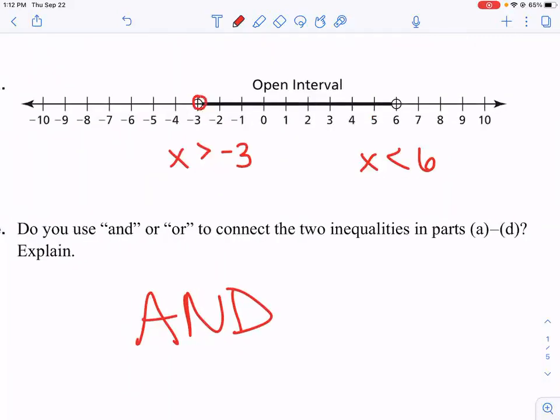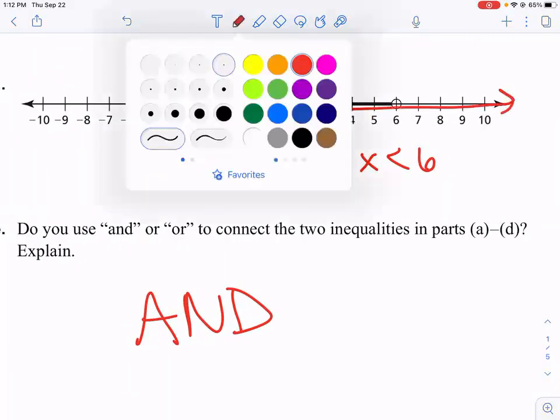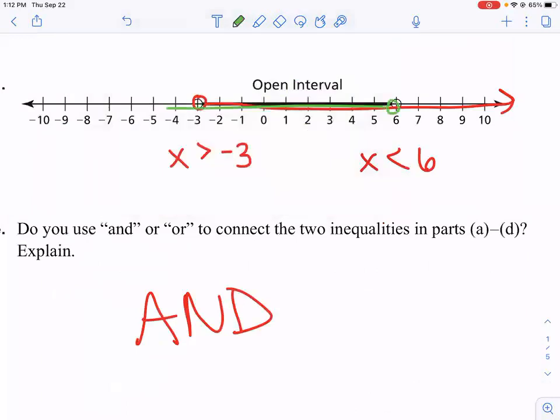X is greater than 3 and X is less than 6. I only graphed where the overlap is. So where do they both happen? Green and red happen right here. So with our and, we're graphing the overlap of our two inequalities.